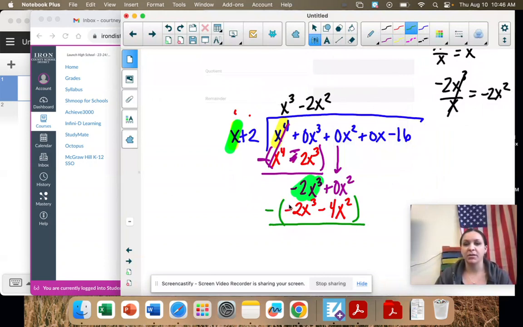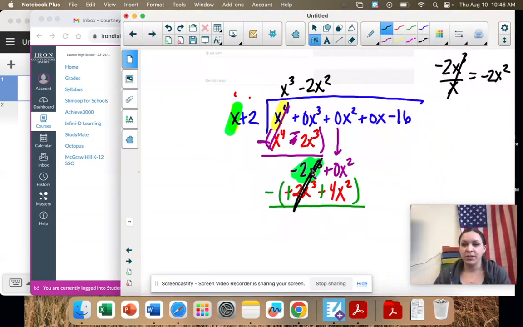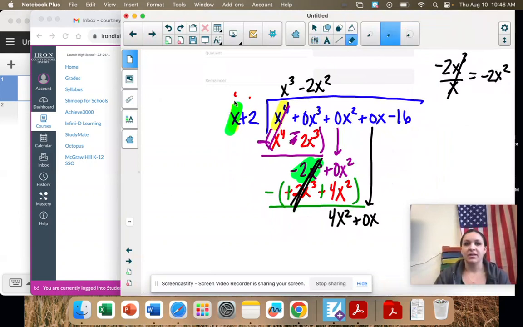Negative, negative becomes positive. Negative, negative becomes positive. And then our first one always cancels out. That's how we know we're doing it right. And then 0 plus 4 is 4x squared. And we're going to bring down our next term of 0x. And then we keep going.